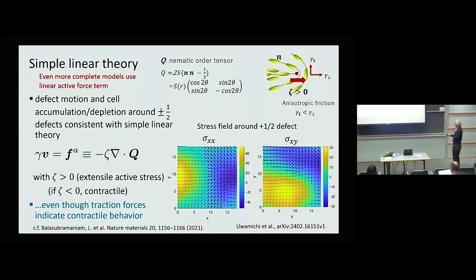However, their motion is consistent with this simple linear theory. This simple linear force is also used for many other more complete models, like the active gel model or active liquid crystal model.